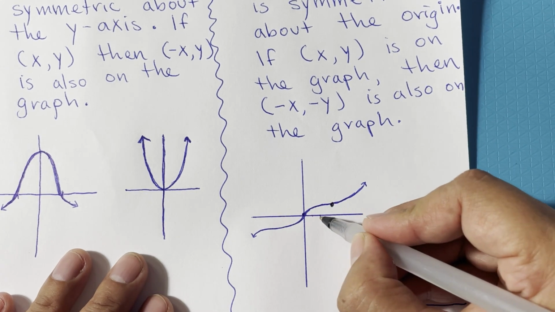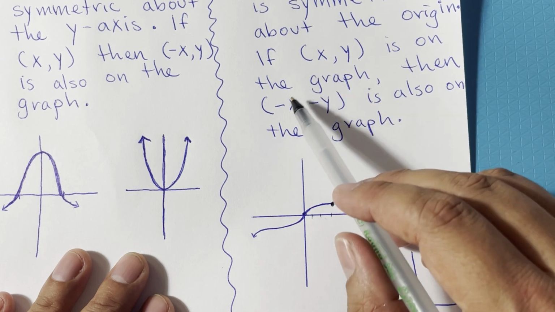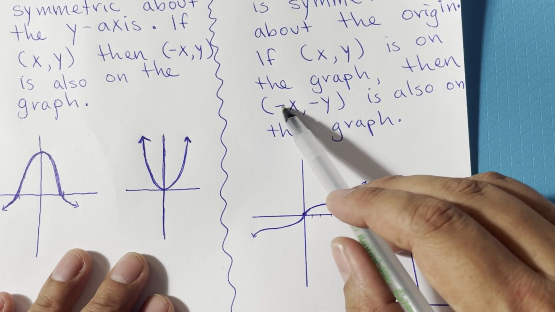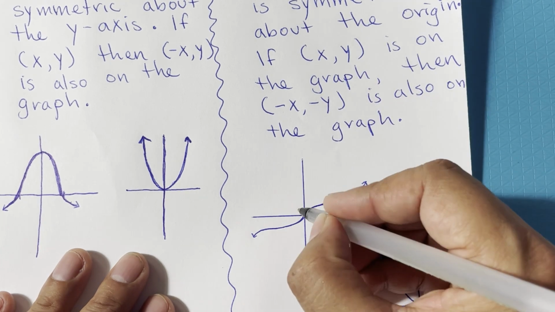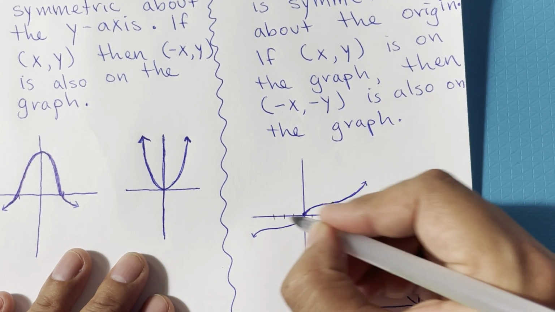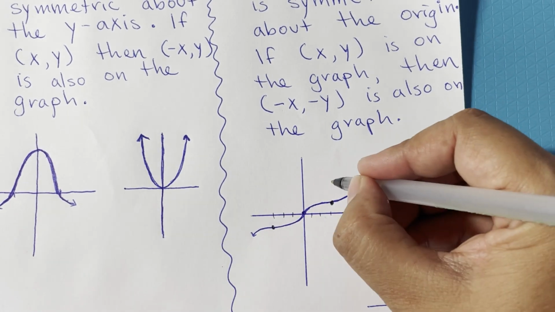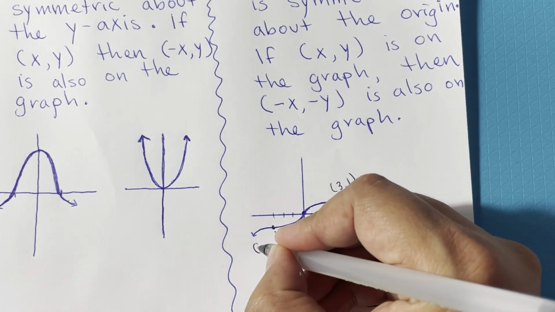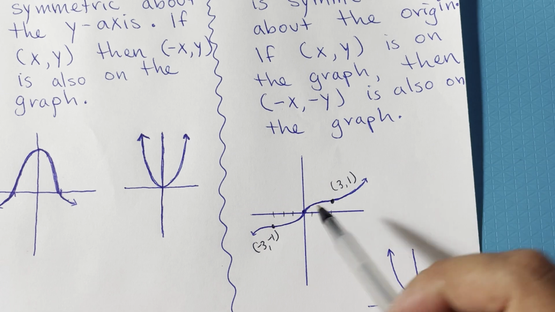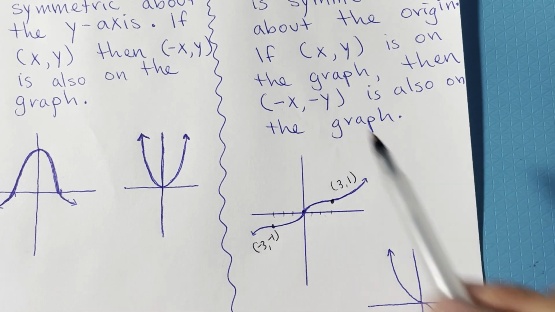Let's say that if we have (3, 1), then on the other side, the 3 will change to negative 3. The 1 will change to negative 1. And you can see that in here, (negative 3, negative 1), right? So this point is (3, 1). This point right here is (negative 3, negative 1), right? So you change the sign on both x and y.